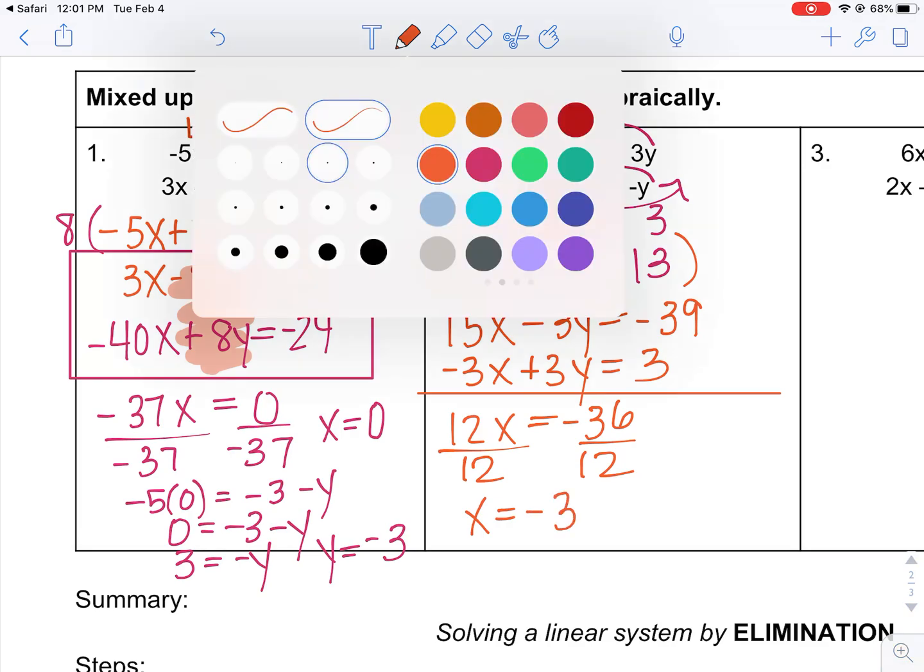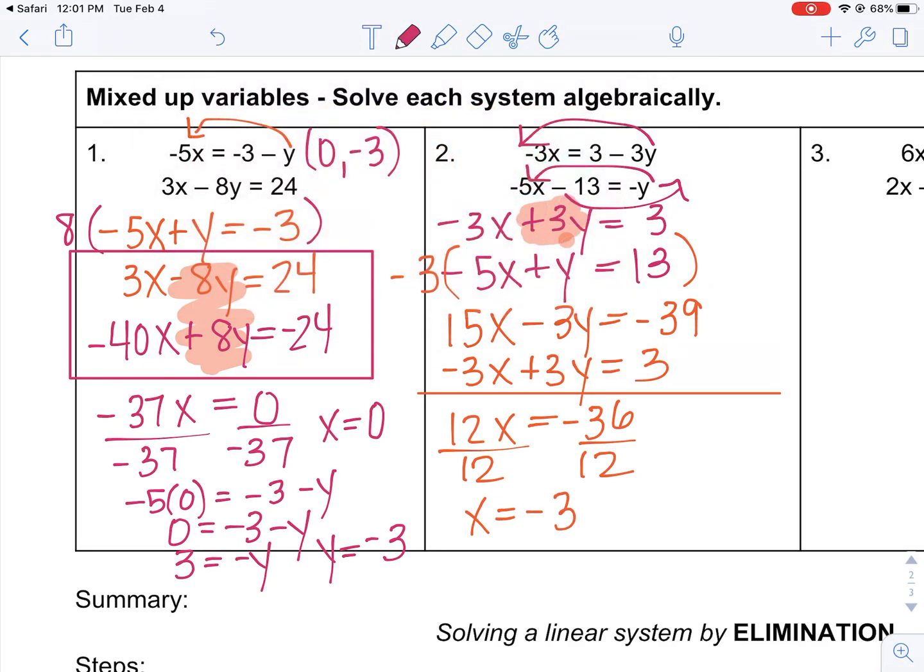x is negative 3. I need to now solve for y by putting my numbers back into one of the equations. I'm going to go with the top one, 3 minus 3 times negative 3. That whole right side is going to give me 12. And when I divide by 3, I get x is negative 4. Oops, sorry, I did that wrong. So let's go back.